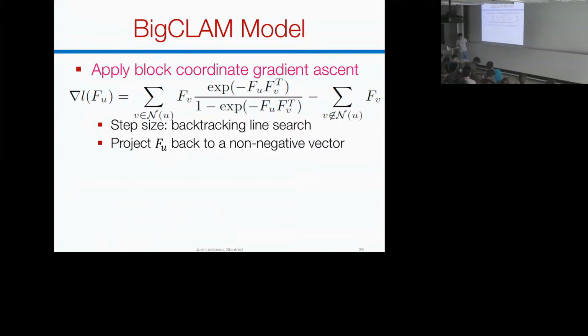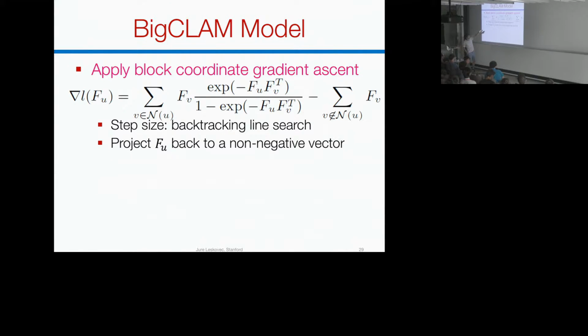If I take the derivative, or the gradient, of the log likelihood with respect to the memberships of a single node, this is what I get. It's a sum over all the neighbors of node U, because I'm trying to figure out the strengths of memberships of node U to communities.